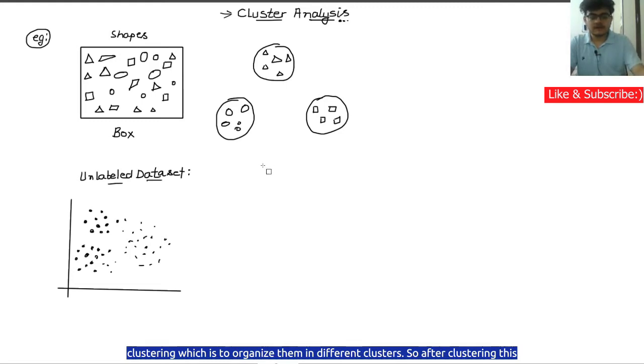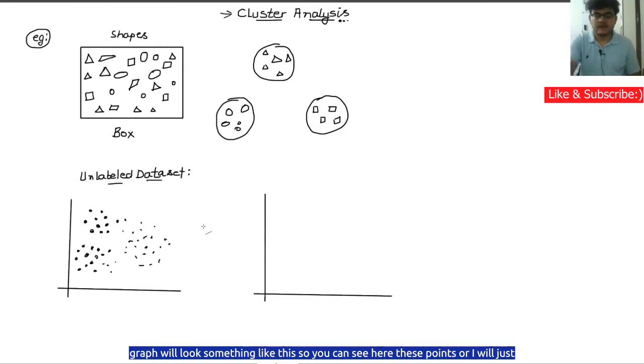So after clustering, this graph will look something like this. You can see these points here. After clustering, I will run a clustering algorithm. Basically, a clustering algorithm is used to convert the whole unlabeled dataset into different clusters, right?